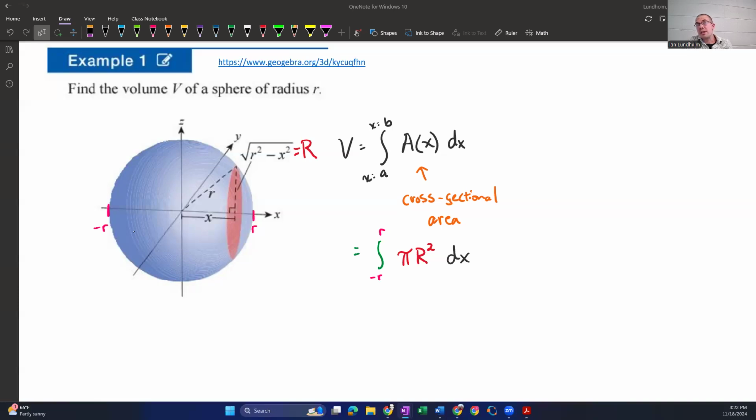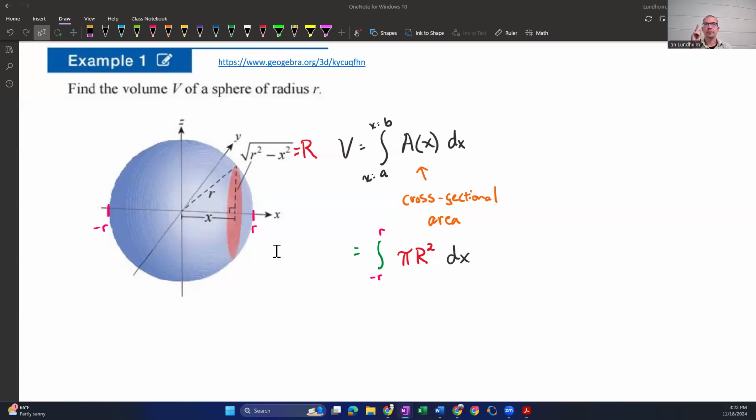Remembering the symmetry stuff that we talked about on Monday, since this is a sphere that is symmetric on both sides, going out to negative r or going out to positive r, we could do 2 times this hemisphere if we wanted to and get rid of the negative r and make that a 0. For right now, I think this is already complicated enough.